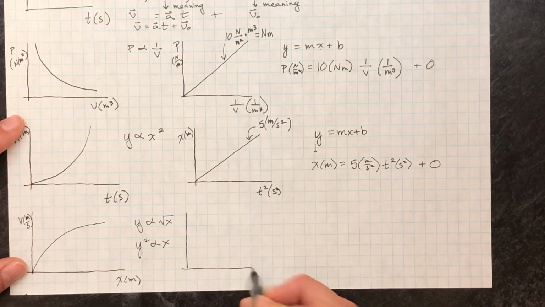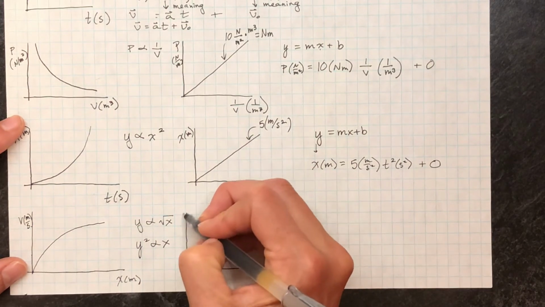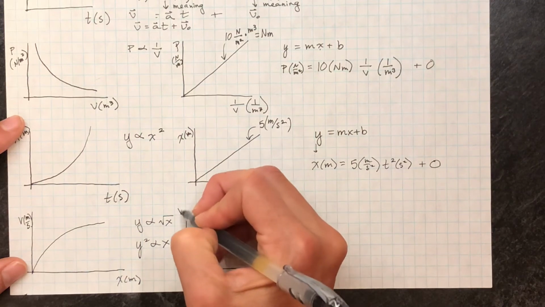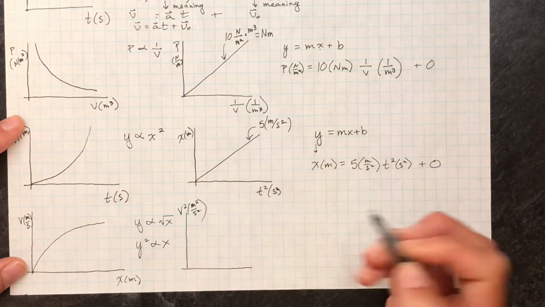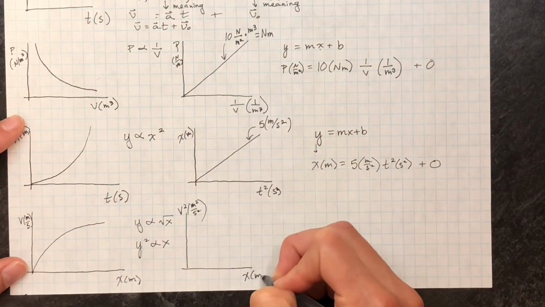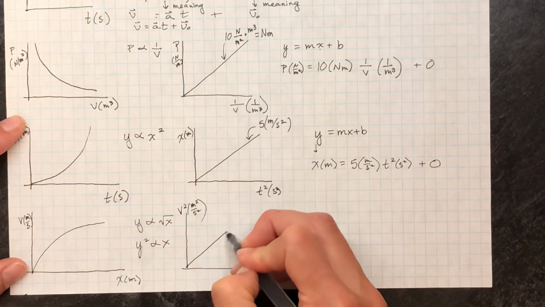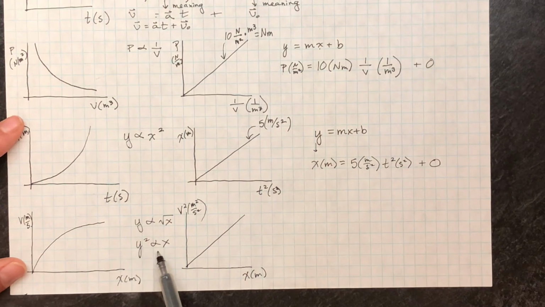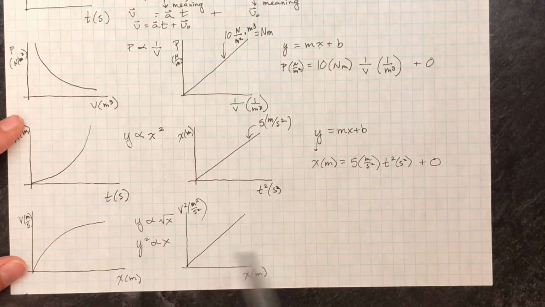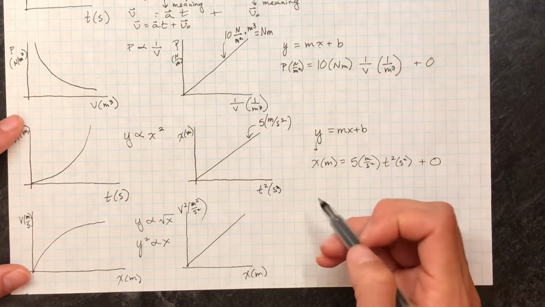So we're going to make a graph of y squared, which is v squared, in meters squared over seconds squared, and position. And we're going to get a straight line because this relationship shows us that y squared, the dependent variable squared, is directly proportional to, or is proportional, maybe not directly, but proportional to the independent variable.